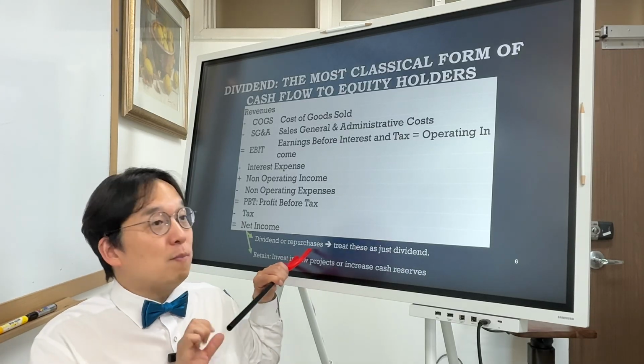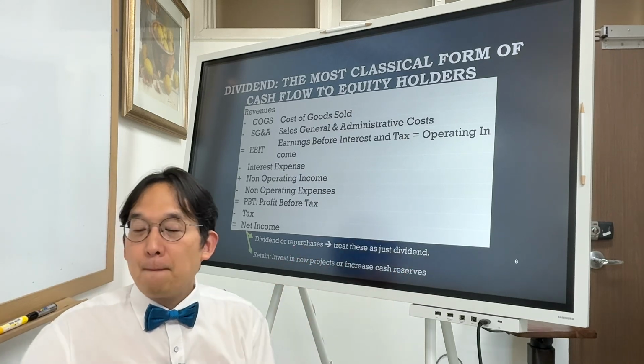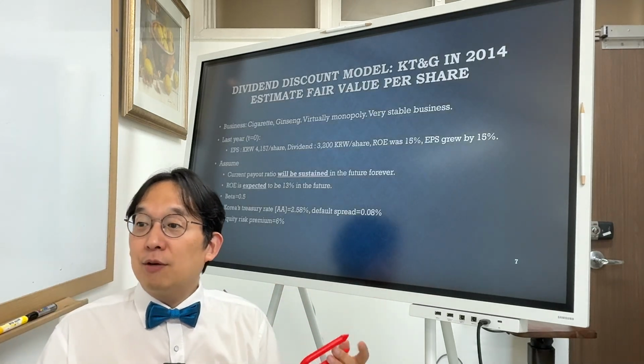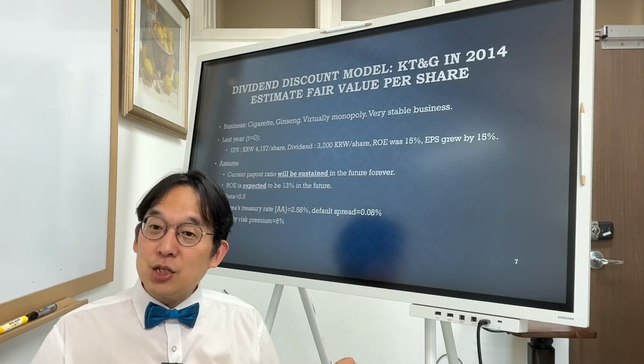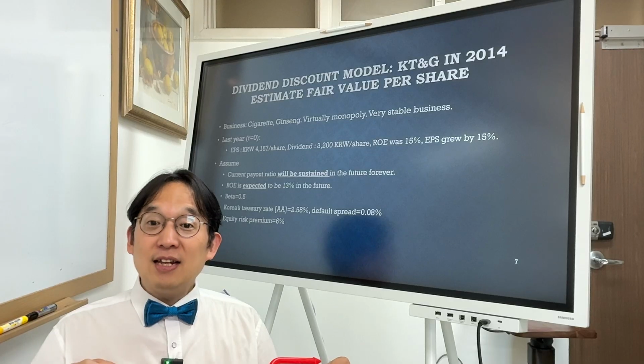So the cash flow measure in the dividend discount model is this guy, dividend. Now, for the dividend discount model, the example that I show you here is a Korean company, a stable company called KT&G.